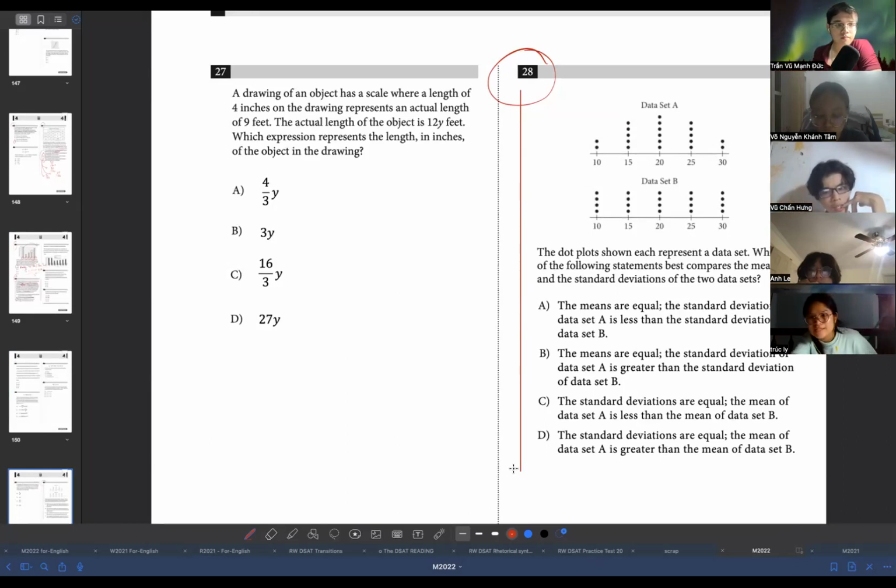What is the mean? What is the mean in dataset A?